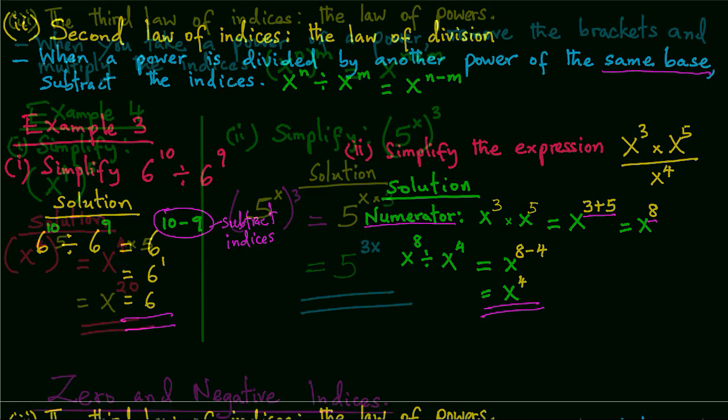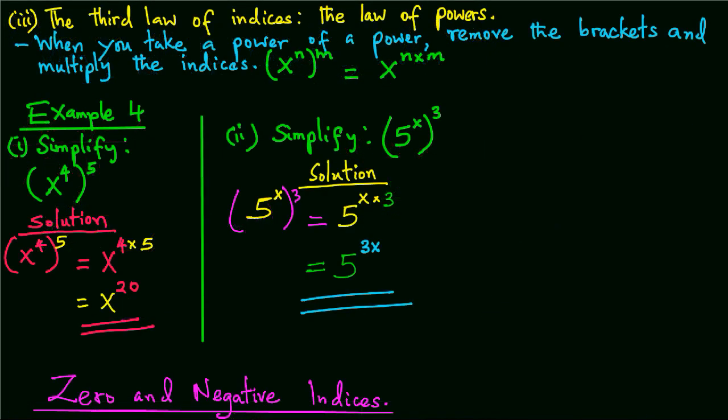Now, in all cases, it's important to note that we have been retaining one of the bases in every case. Now, the third law of indices can also be referred to as the law of powers. When you take a power of a power, then remove the brackets and multiply the indices. Let us look at example 4, part 1.